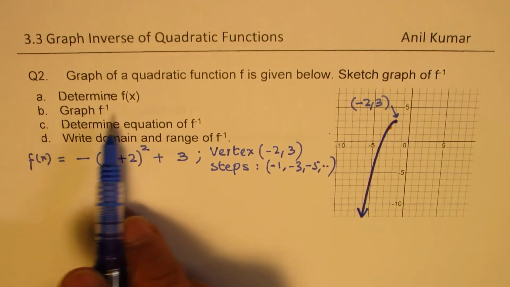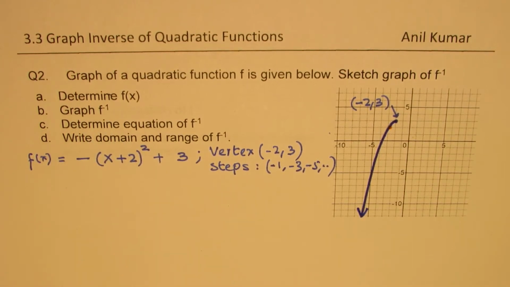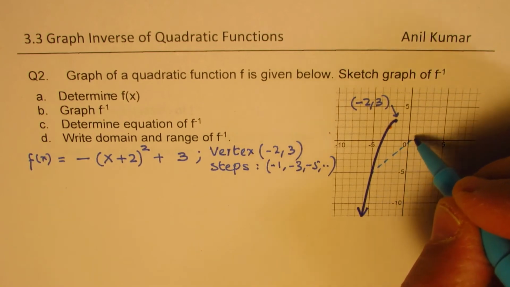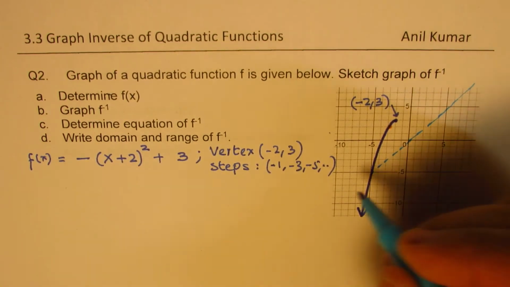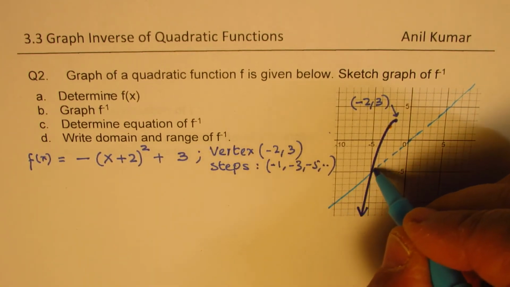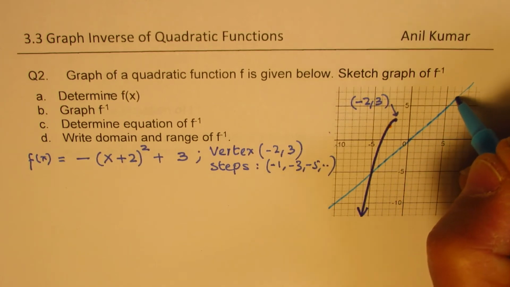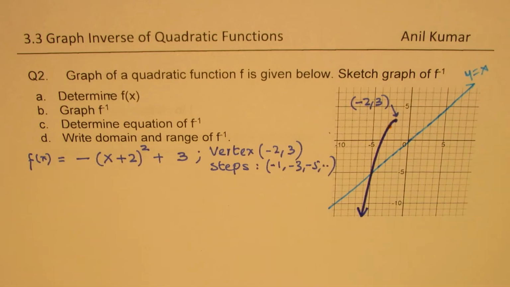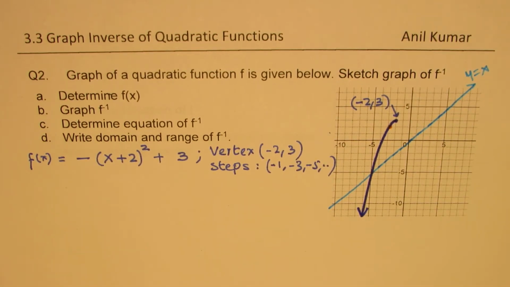Now we need to graph this function. So let's graph this function. We are going to reflect each and every point on this line, which is y equals to x. Is that clear to you? So the first point which I am going to reflect is the vertex itself.